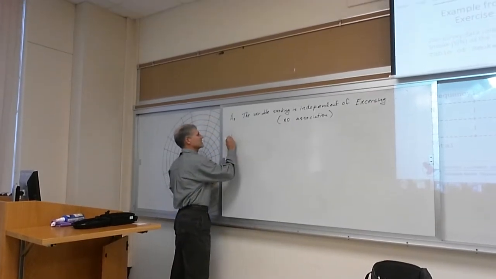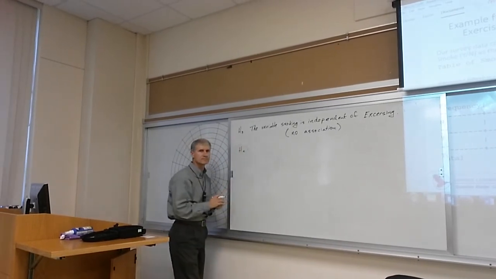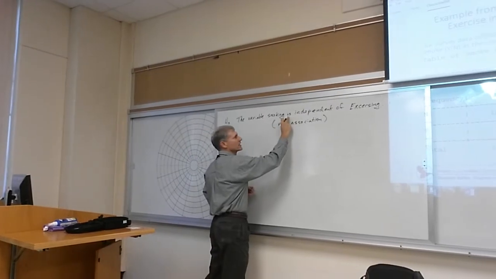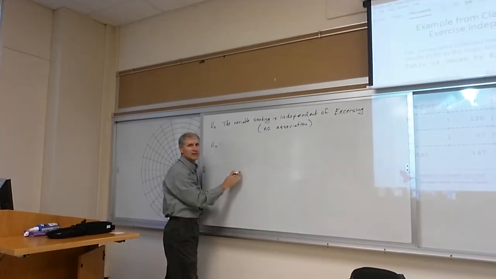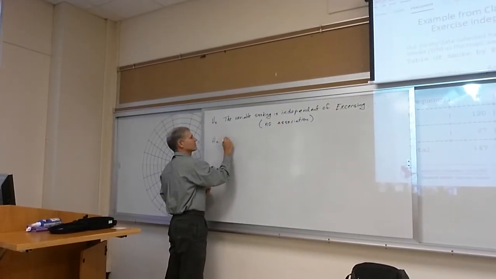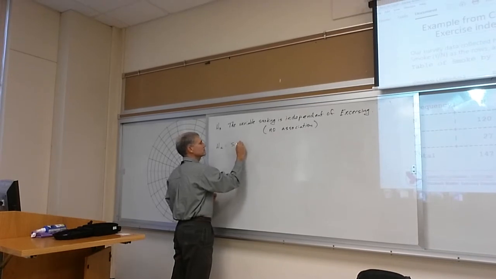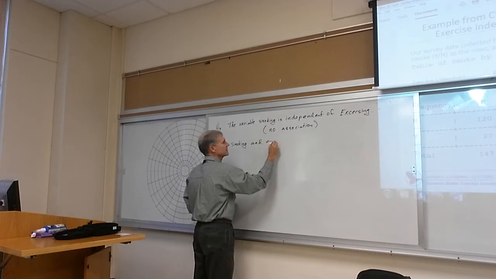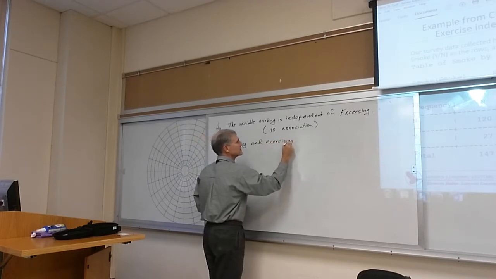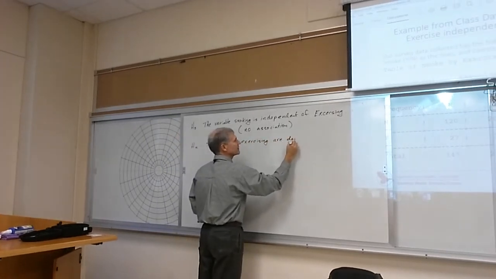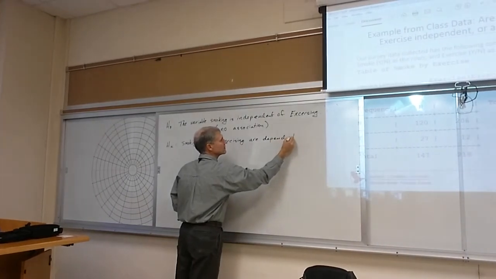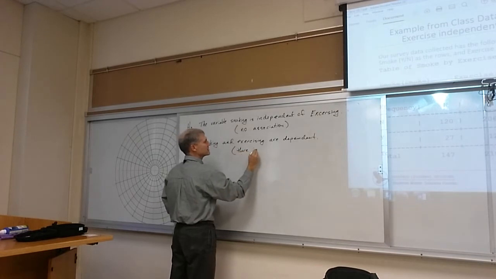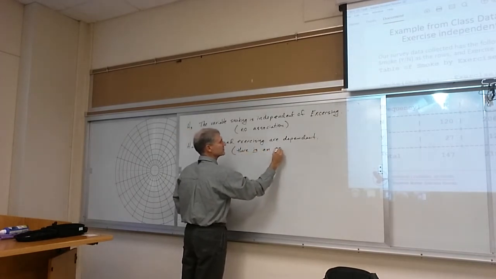So what would the alternative be? There is an association. So in their words, instead of being independent, they would be dependent. So smoking and exercising are dependent. There is an association.